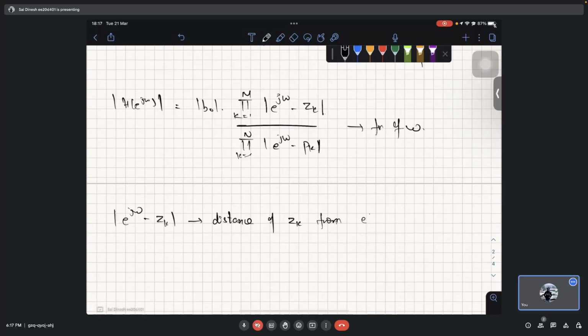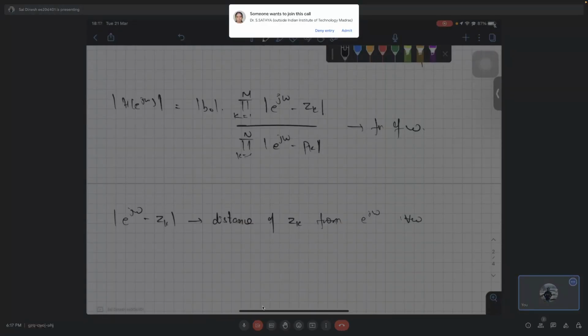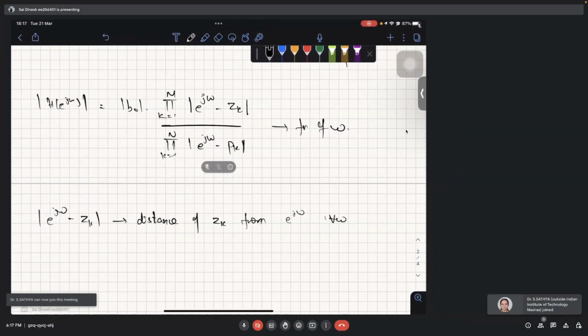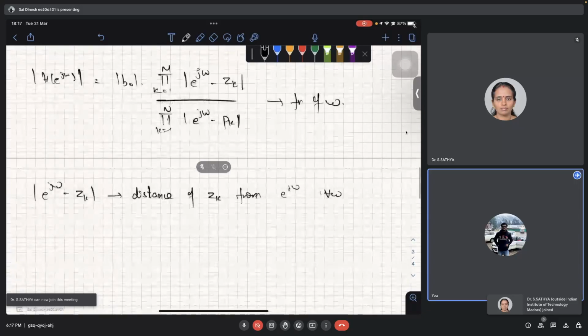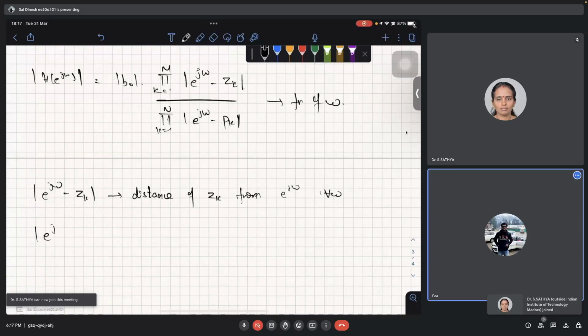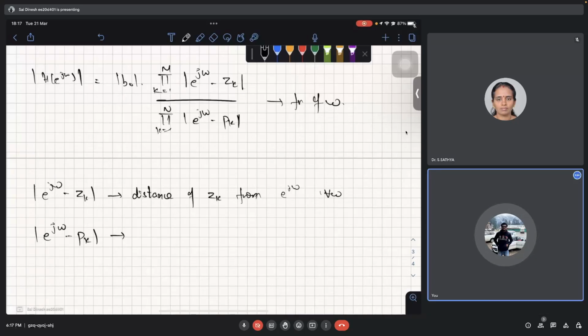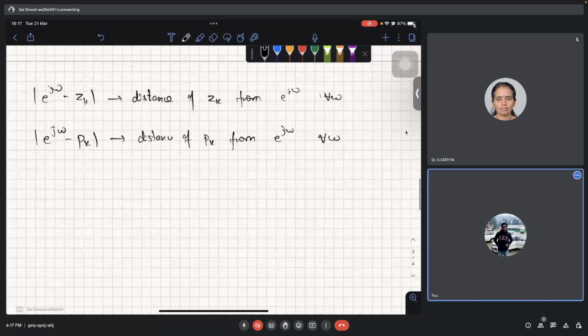From e^{jω} for all ω. And then similarly the pole, |e^{jω} − pk|, is the distance of the pole pk from e^{jω}.